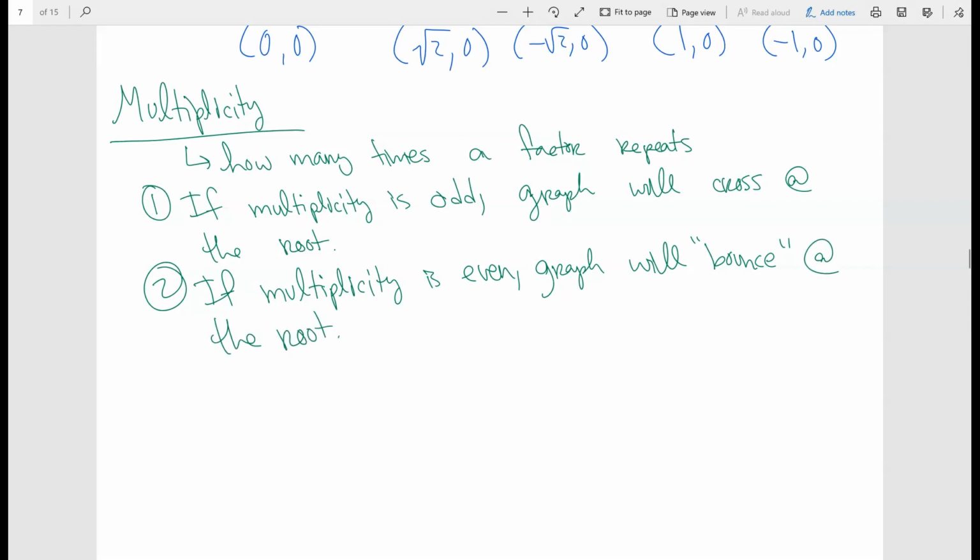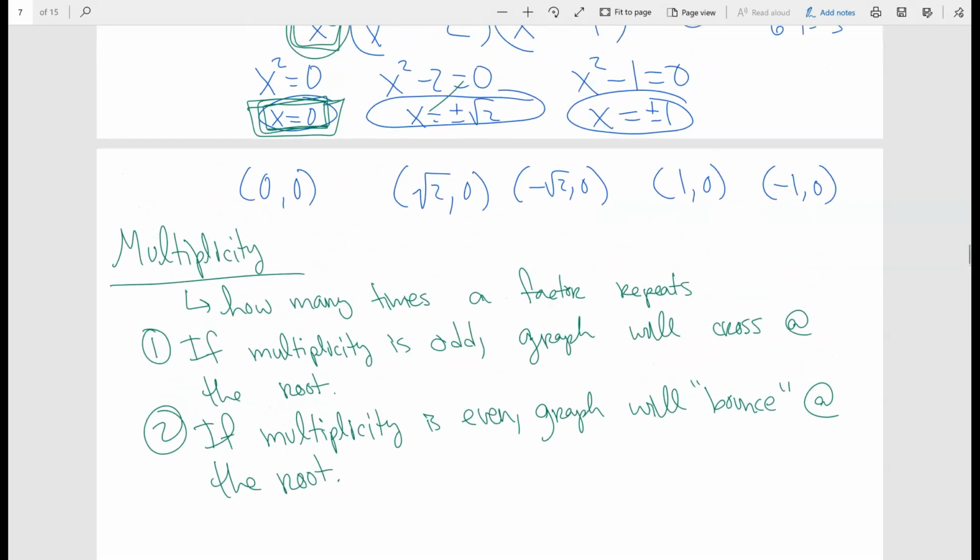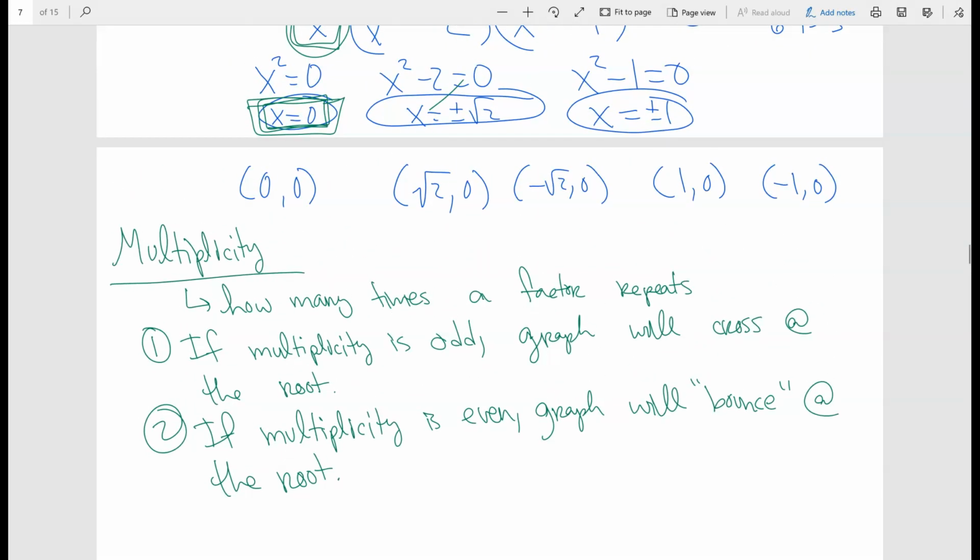So the graph is going to just bounce at that particular root, at that particular zero. So if I go back to this guy, the power tells me what the multiplicity is. This zero has a multiplicity of 2 because there's a 2 in here. That means that this thing is even, which means that the zero is going to bounce.